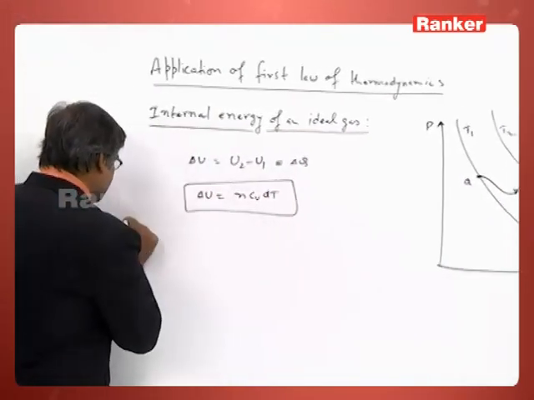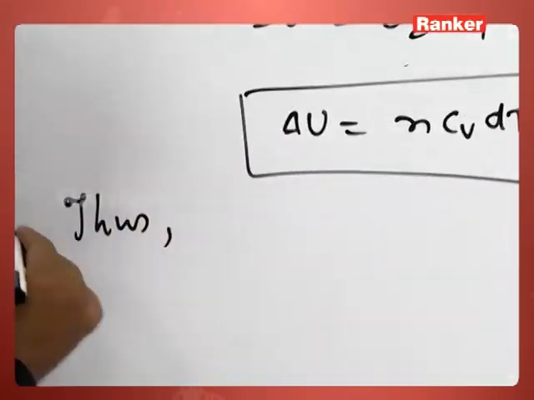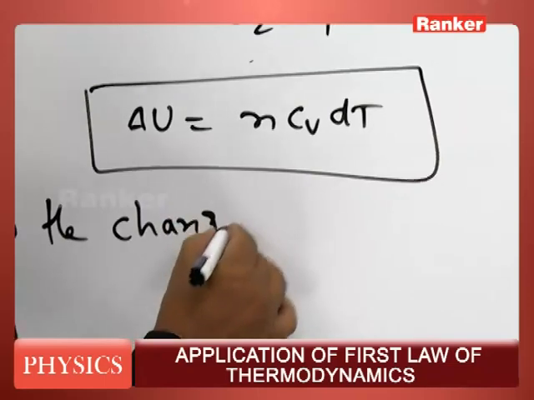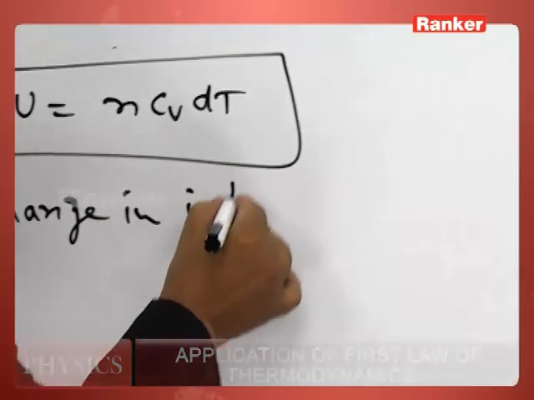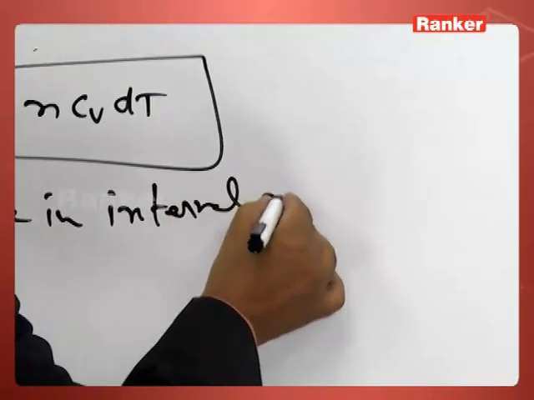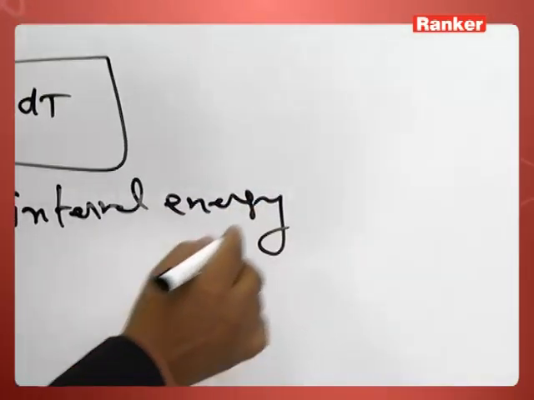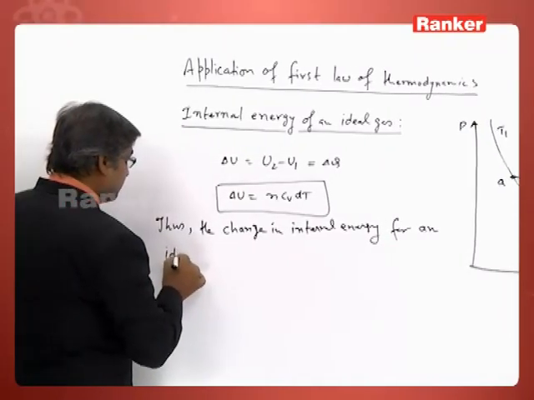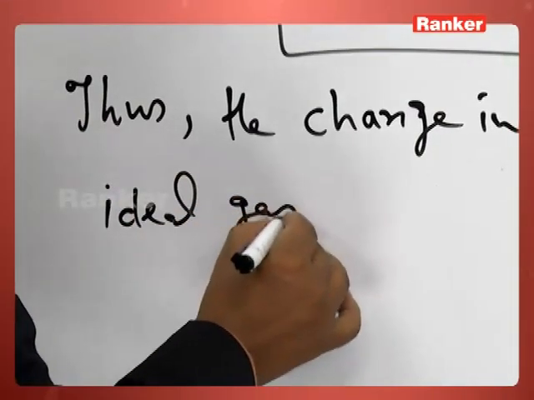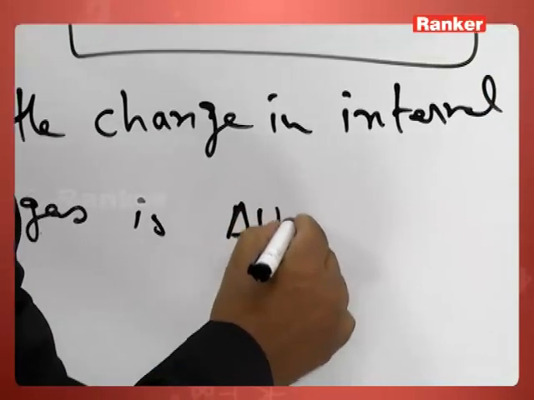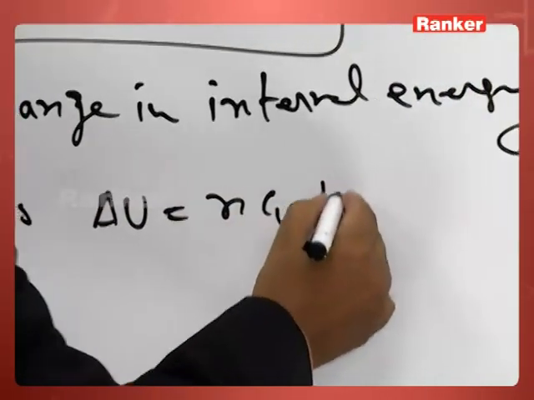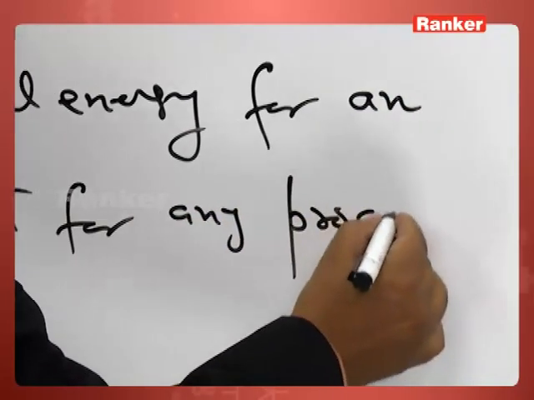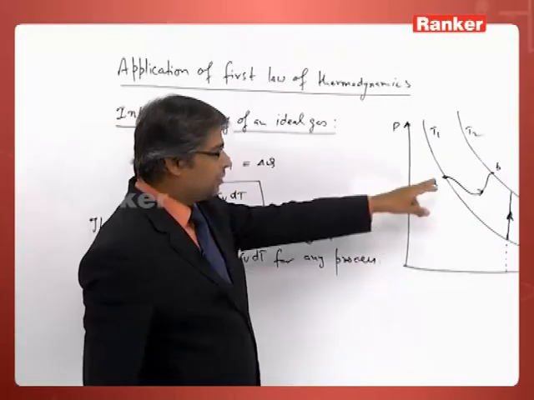Thus the change in internal energy for an ideal gas is equal to nCv dT for any process. So for any process, that delta U is the same.